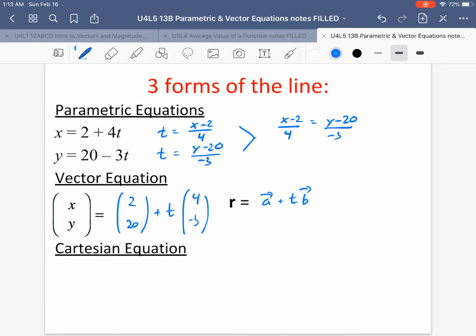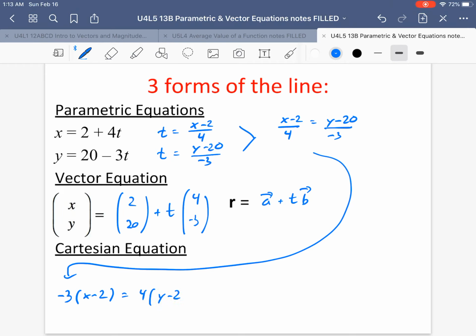Okay, if that's the case, then we can say, I'm going to move down here now, that -3 times x minus 2 is equal to 4 times y minus 20.